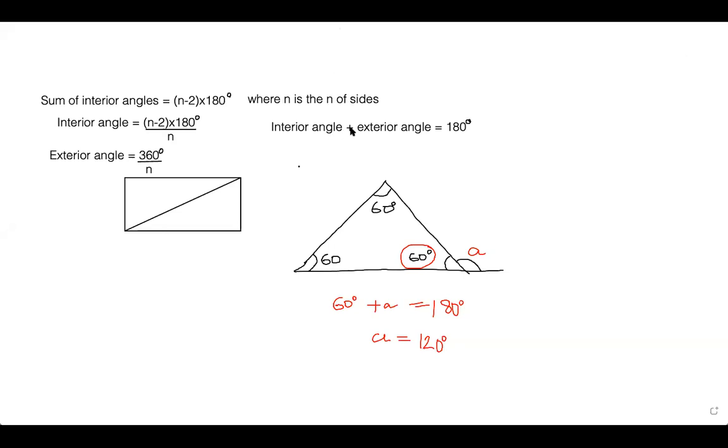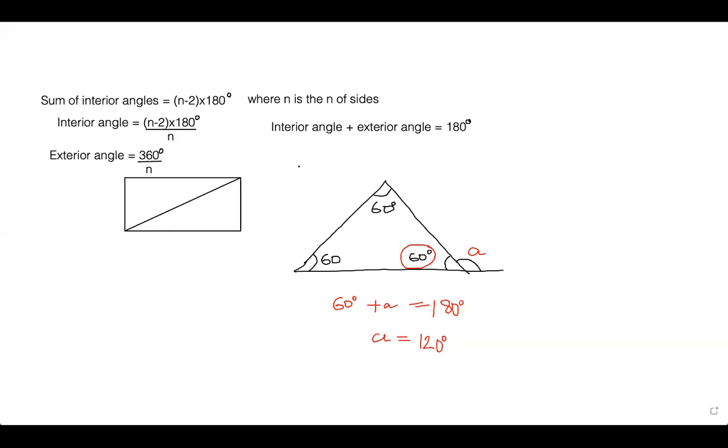When you have the exterior angle formula, which is 360 degrees divided by n, let me say we are using this shape, we have 360 divided by 4. That will give you the exterior angle, and the exterior angle in that case will be 90 degrees.